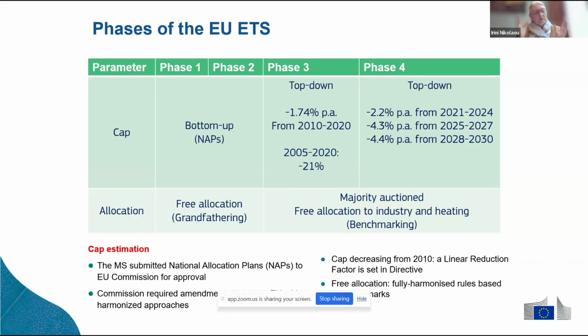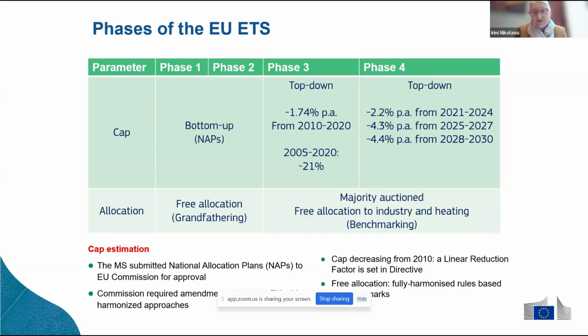In theory, they say we should establish the MRV first, receive the data from the installations under the scope of our ETS, and then define the cap. Well, in the case of the EU, this did not happen.